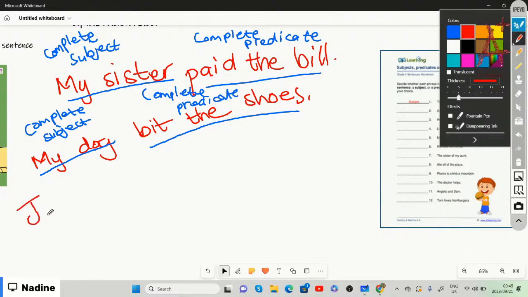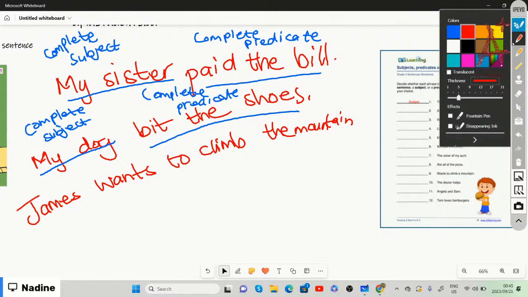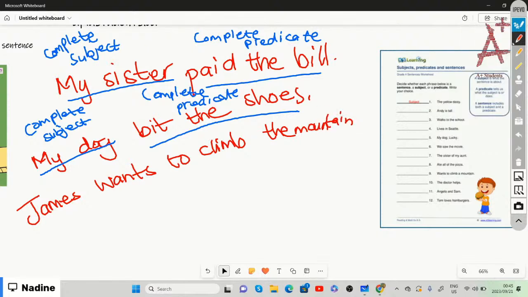Let's say James wants to climb the mountain. So James wants to climb the mountain.